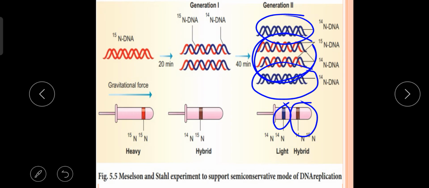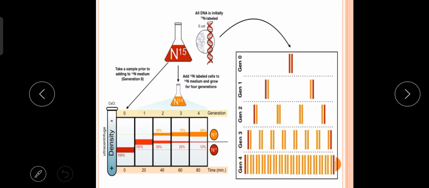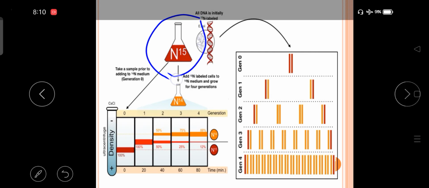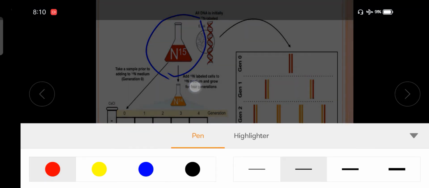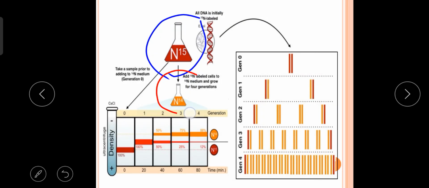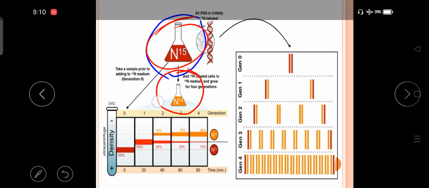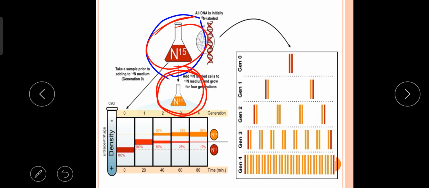So there is another diagram for this experiment. Here see, this is the medium containing nitrogen 15, and this one is the new medium containing nitrogen 14. That means the red color is the nitrogen 15, and this orange color is nitrogen 14.